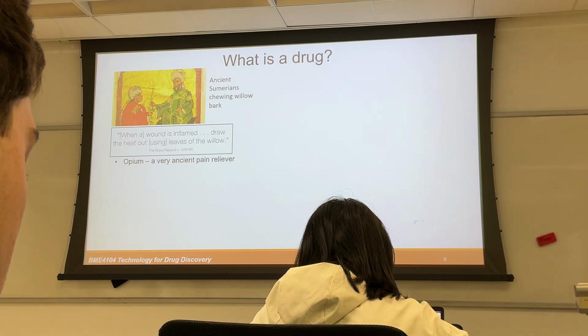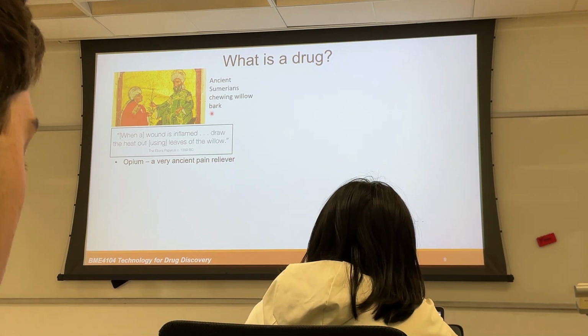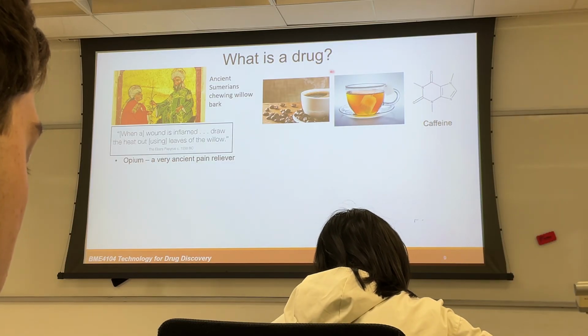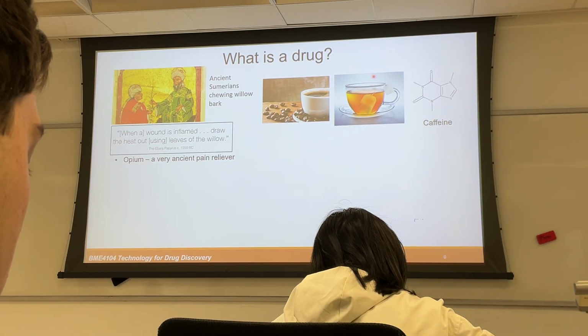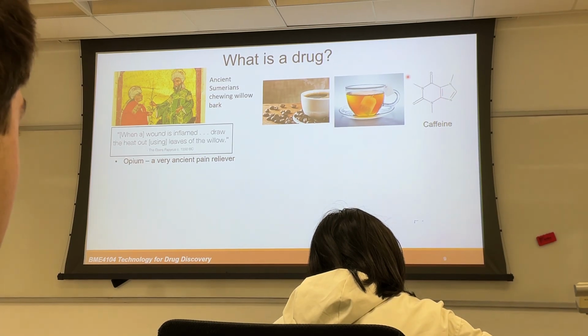And of course, opium, we all know it is a very ancient pain reliever, and people have been using it for thousands of years. Similarly, the coffee and tea we take every day contain caffeine, which is also considered a drug.